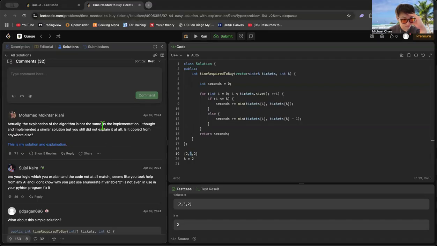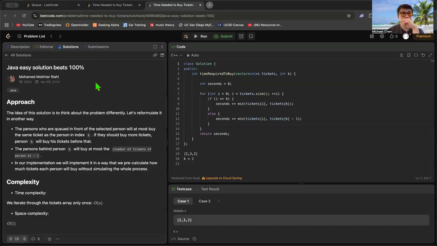Well, the selected person will at most buy the same number of tickets as the person at index k. If they should buy more tickets, person k will buy his ticket before that. Sure.